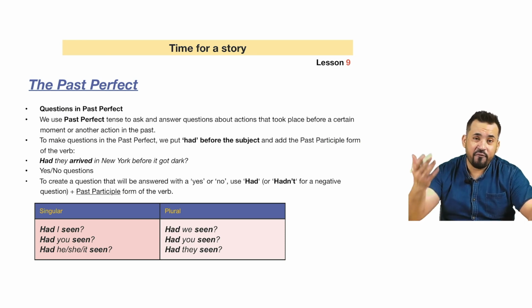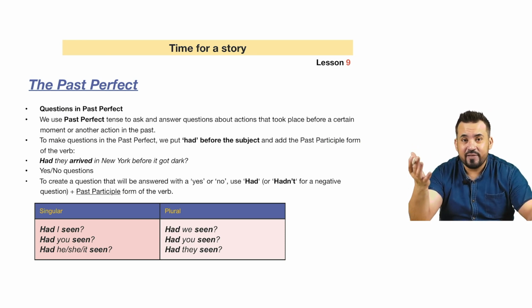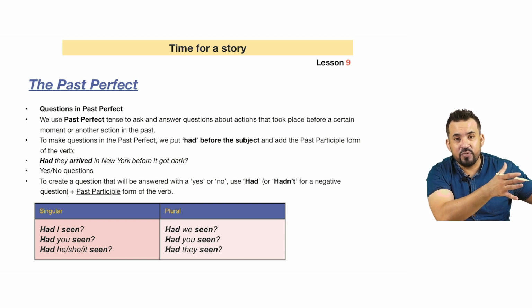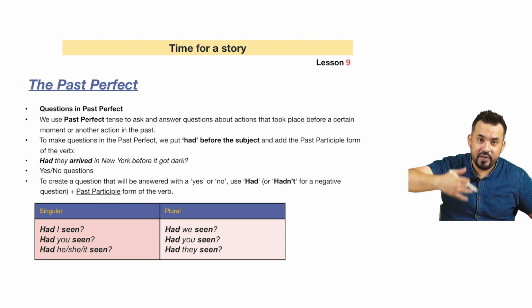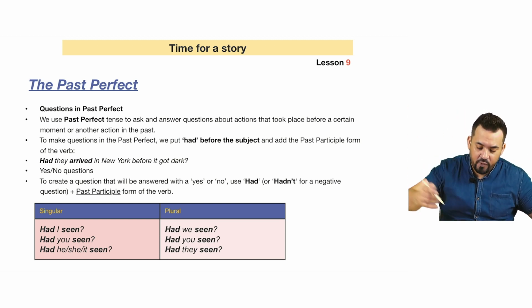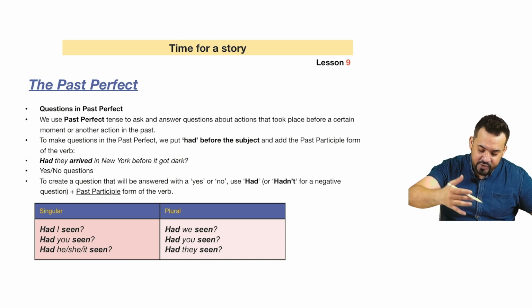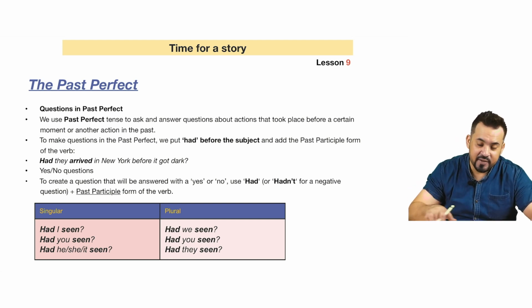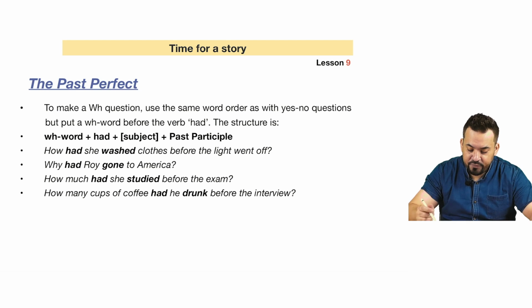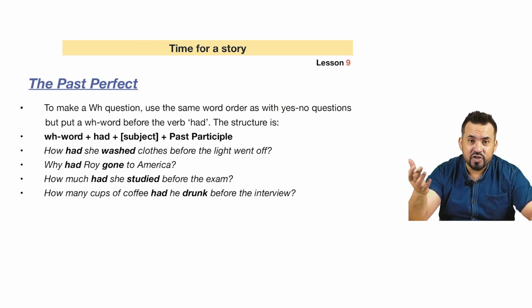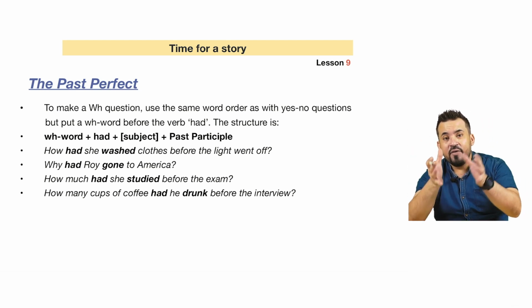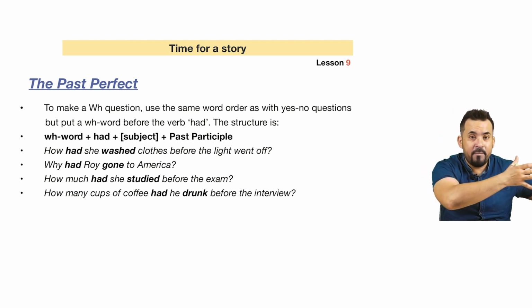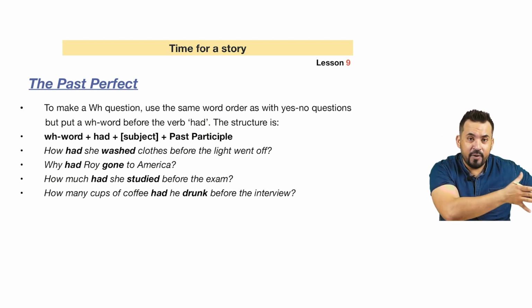Questions in the past perfect form are just like the other tenses. We start with the auxiliary, followed by the subject, then the verb. Had I seen, had you seen, had she seen, and so on. If we have a WH question, why, what, where, when, the WH word goes before the auxiliary.